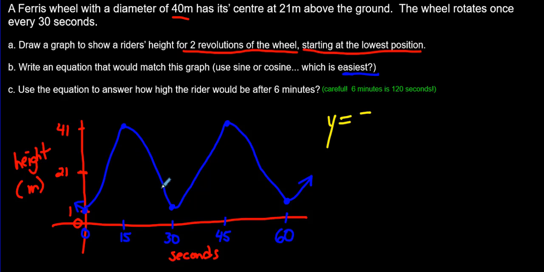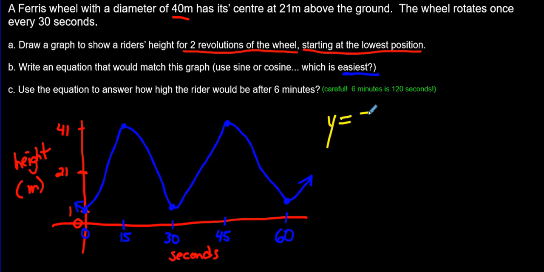If this curve had started somewhere in the middle, like here, then we would have gone with sine, that being easier. But cosine is easier in this case because it starts at the extreme bottom, so we put the negative sign to flip it. I hope I haven't said that too many times. I don't want to bore you.